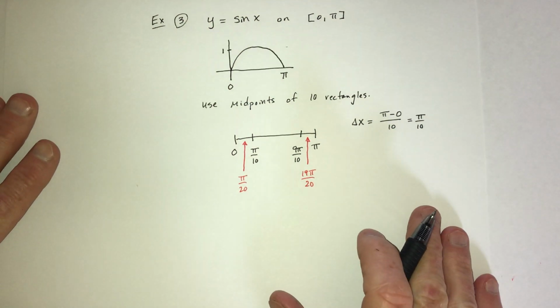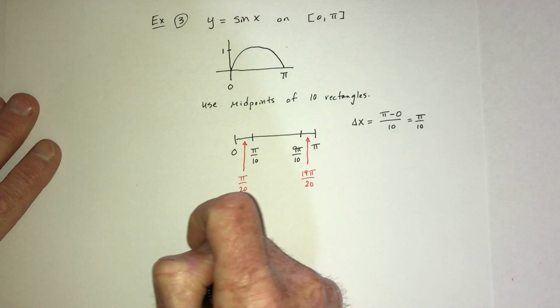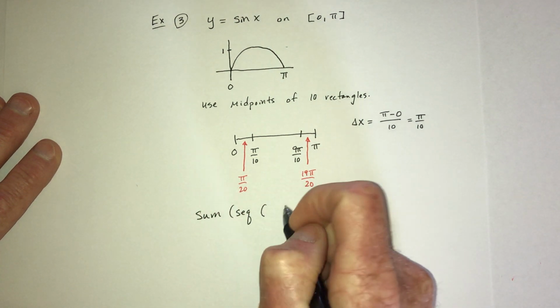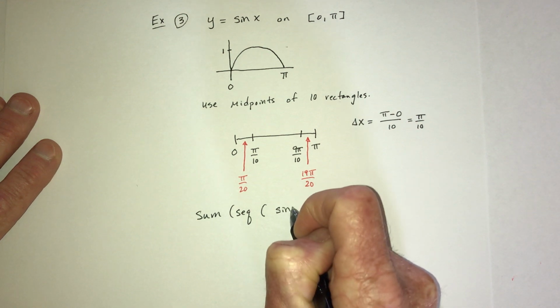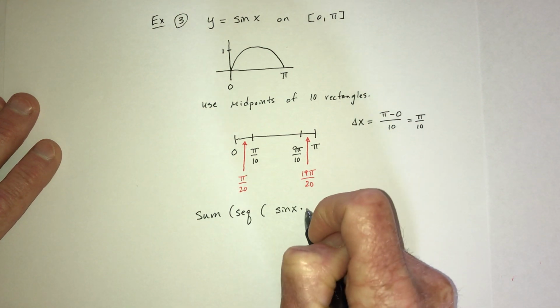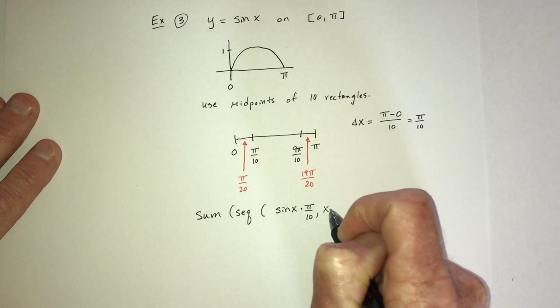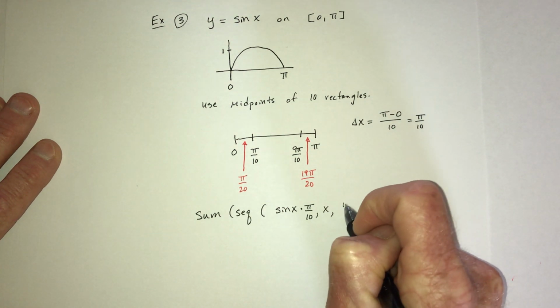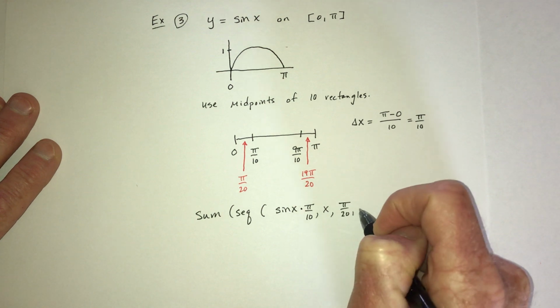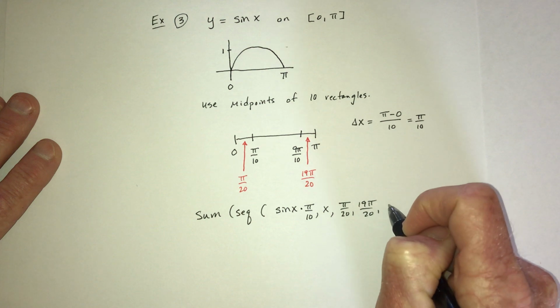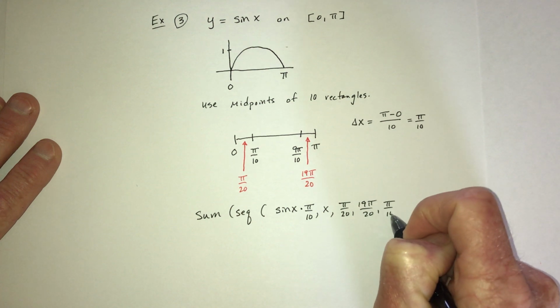Now we can do the sum sequence. You put the function, that's the height, times the width, which is delta x, and then tell it x is going to go from pi over 20 to 19 pi over 20, and the last part needs to be delta x.